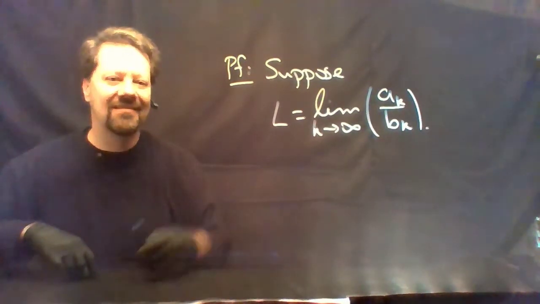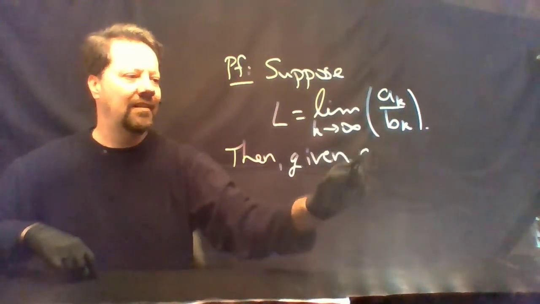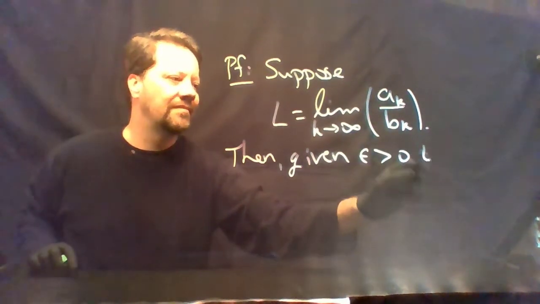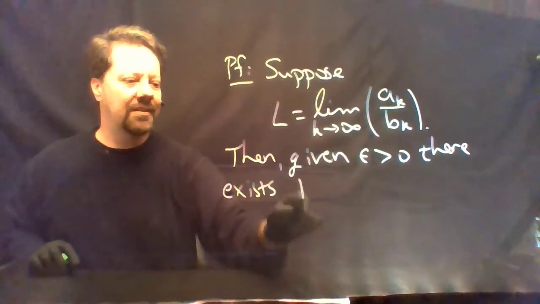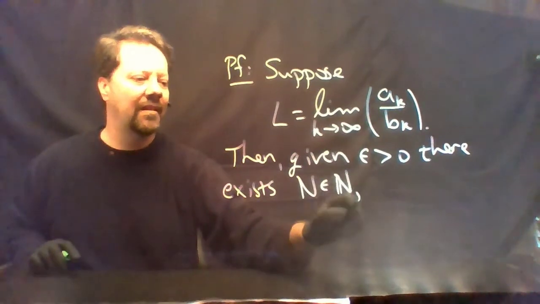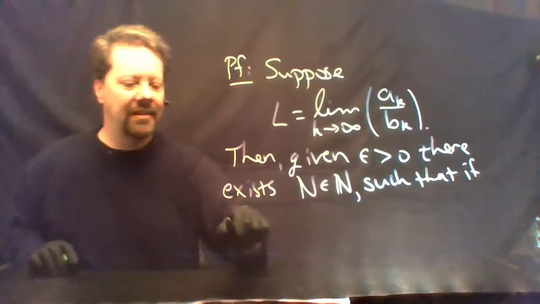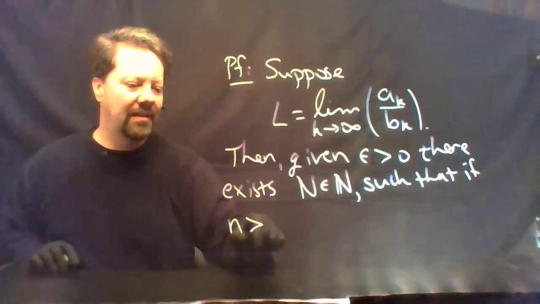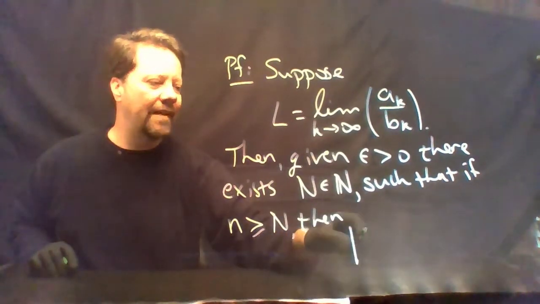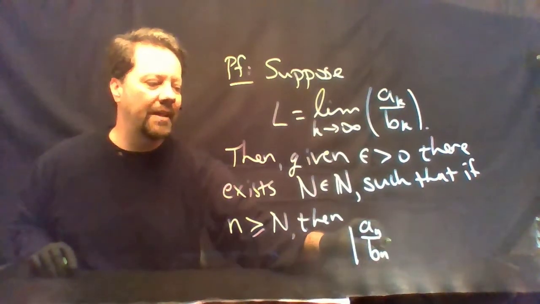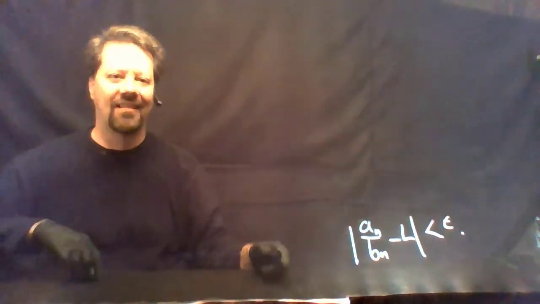What does that mean? Given an epsilon greater than 0, there exists some natural number big N such that if n is bigger than or equal to big N, then the absolute value of a sub n over b sub n minus L will be smaller than the epsilon that you chose.